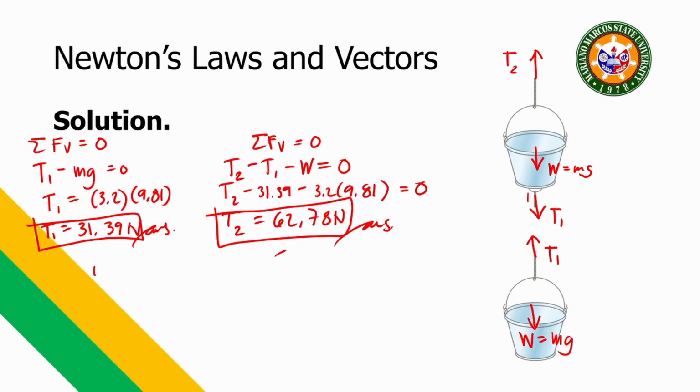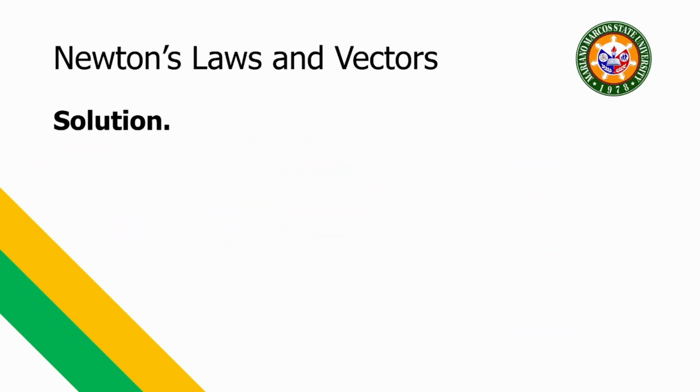So, walang movement. Next, tinanong din dito, if the two buckets are pulled upward with an acceleration of 1.25 meter per second square by the upper cord, calculate the tension in each cord. So next, let us try to consider yung bucket pa rin. Same pa rin yung mga forces applied: we have here the weight and the tension.